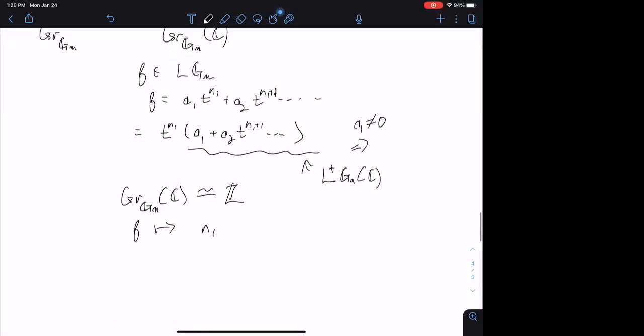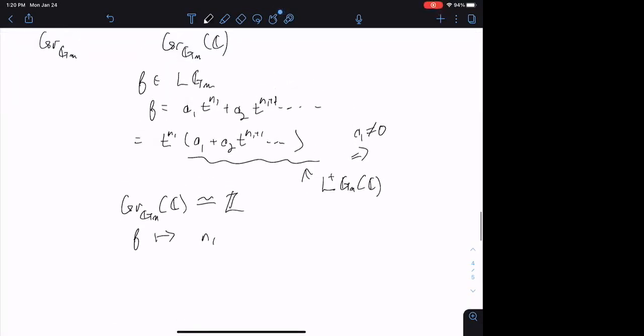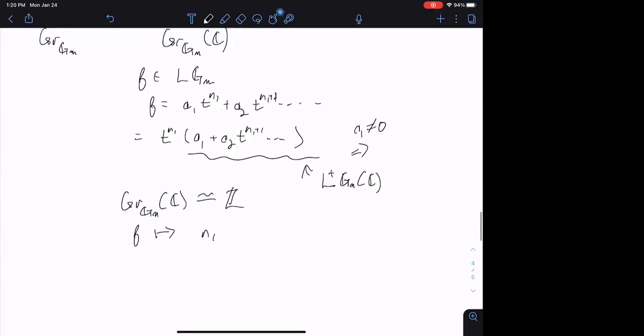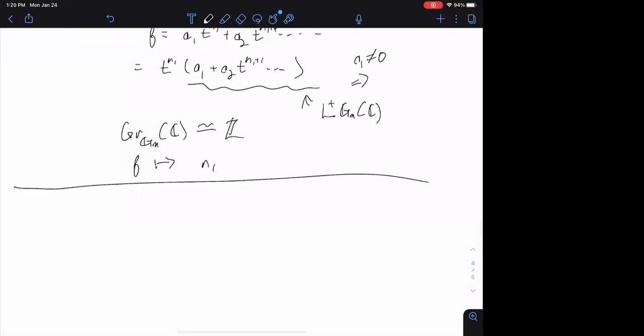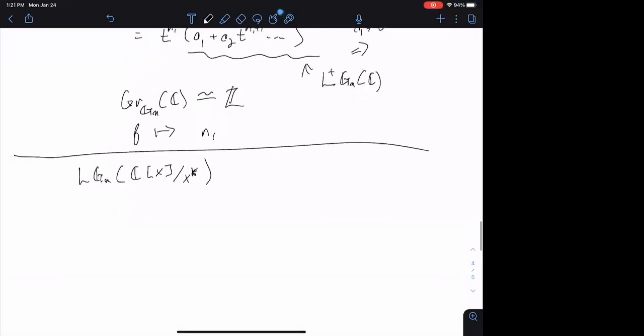On the other hand, let me remark that it's very easy to produce nilpotents here. So now, for instance, let me look at a point in LGM of C, say, x modulo x to the k. So I make some C algebra with a nilpotent. Then there's a very easy way to have elements involving nilpotents in here.